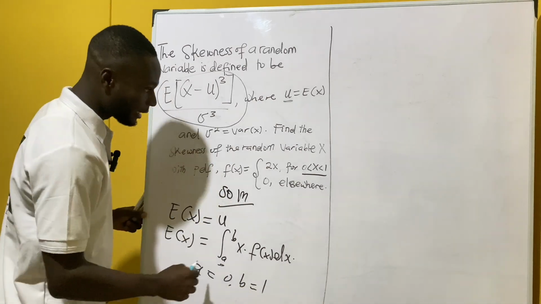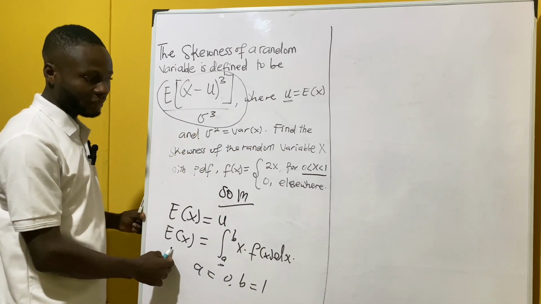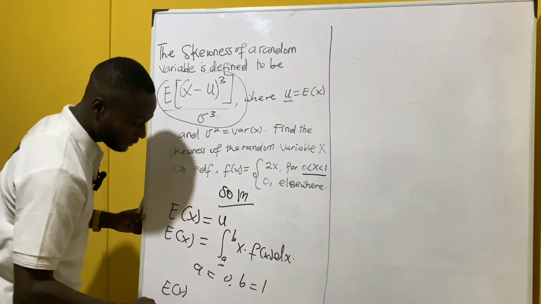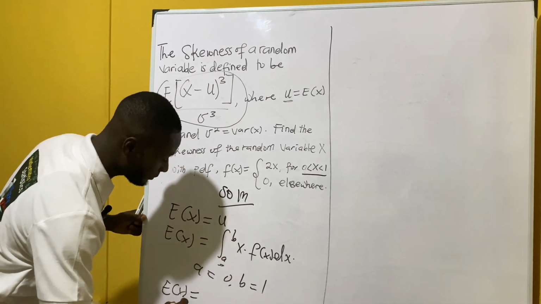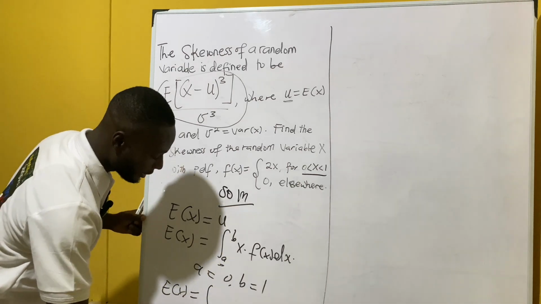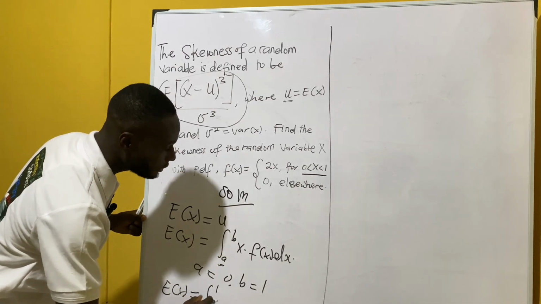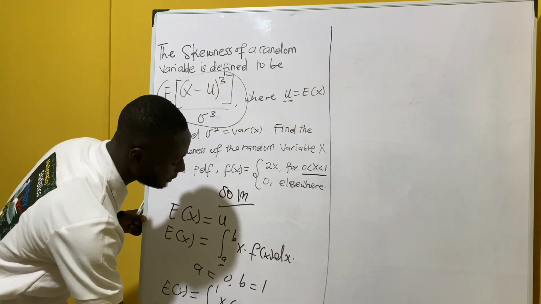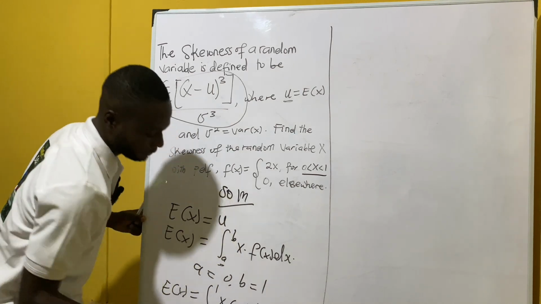So we can go ahead and then find the expectation of x. So we have expectation of x as the integral over the interval 0 to 1 of the function x times the function, which is 2x dx, right?